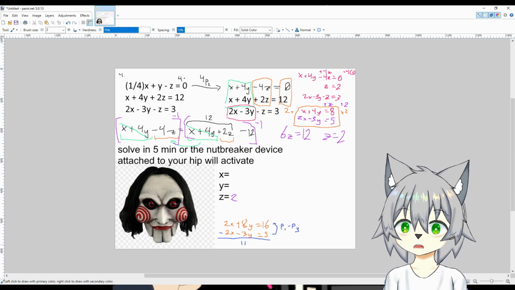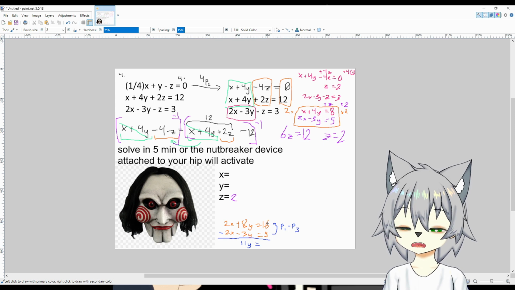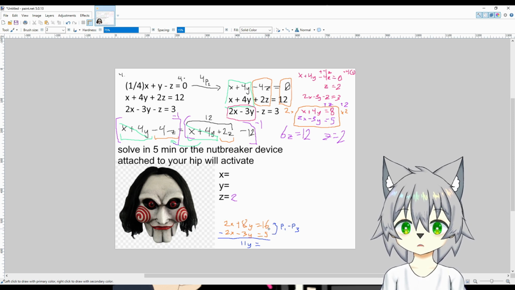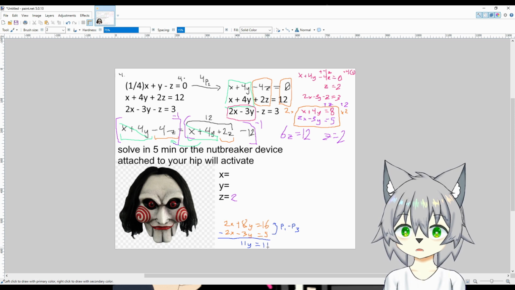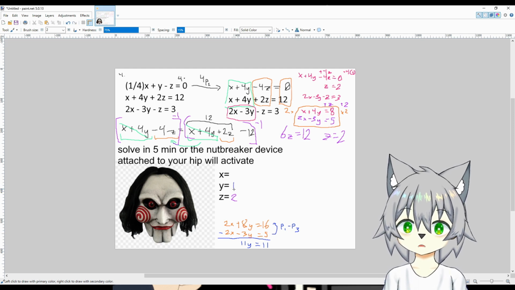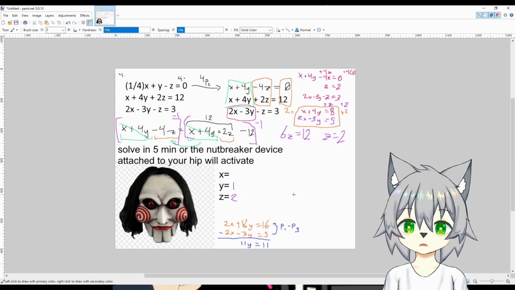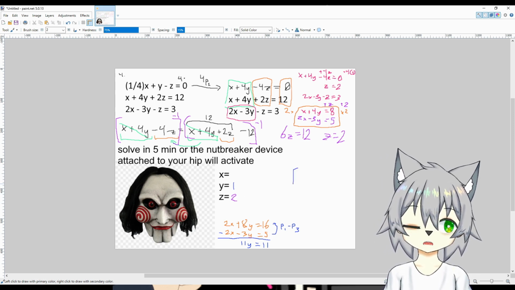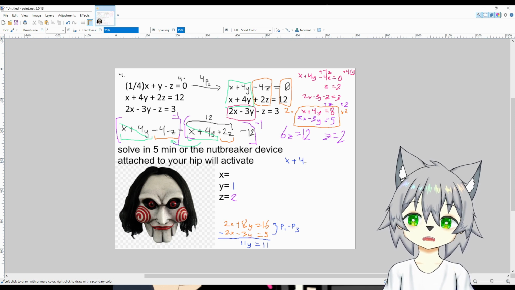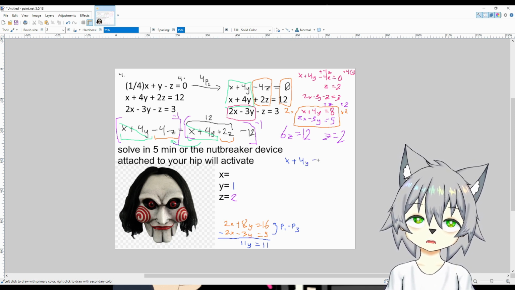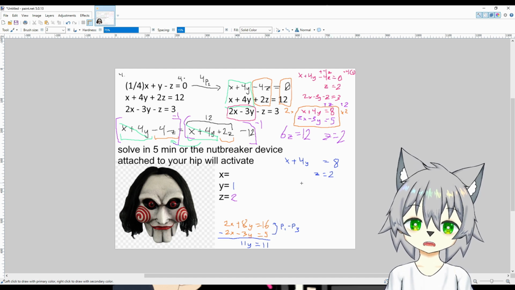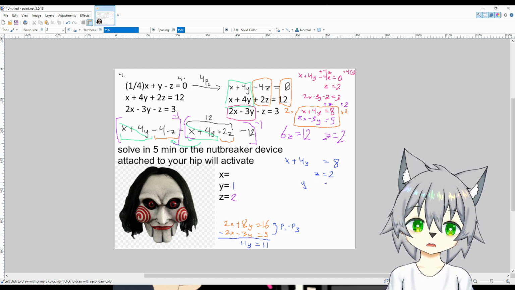We get 11y here, and since we want to subtract, we get 11 here, because 5 minus 16 is 11, so then we get 1 here. The matrix we have right now, or not matrix, we haven't gotten to that relation quite yet, is x plus 4y equals 8, z equals 2, and y equals 1.